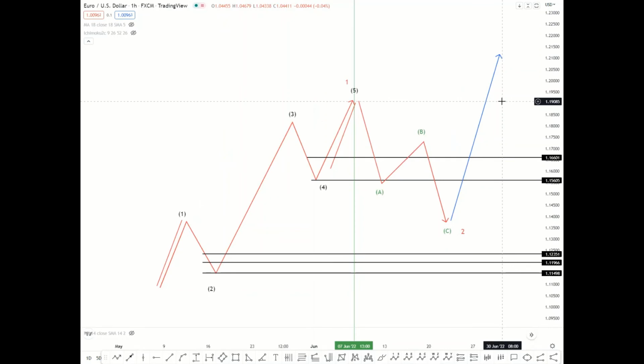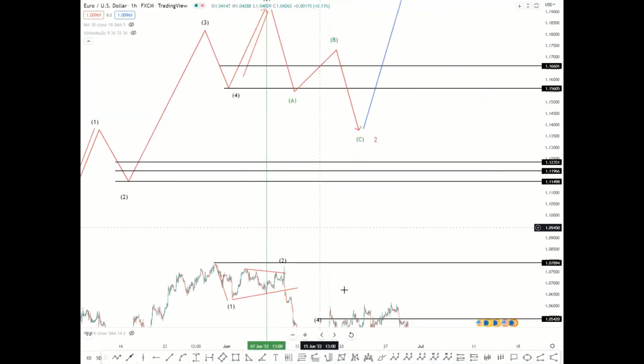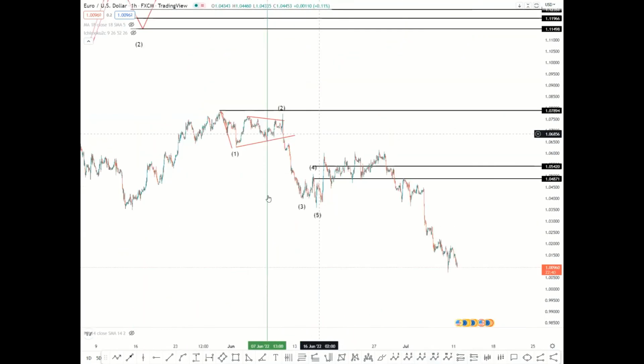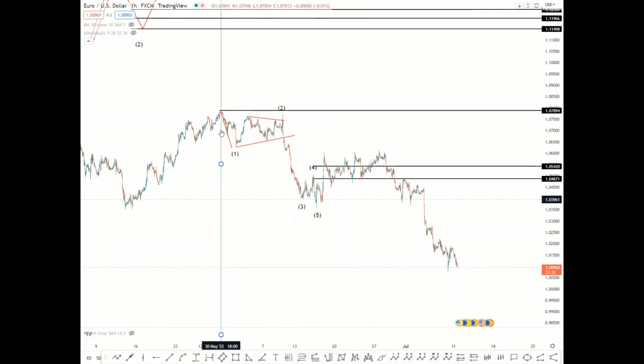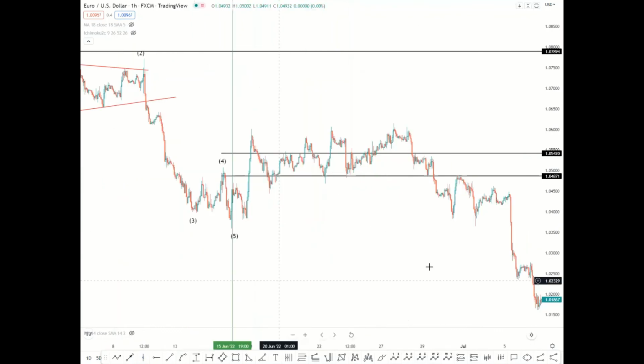But the basic structure is there. So we were talking about, after the completion of the full cycle, that you're going to get an ABC correction or an ABCDE correction or WXYZ. So let's come back here. Let me remove this, going backward to where the trend started and where the trend finished over here. So what happens after that?